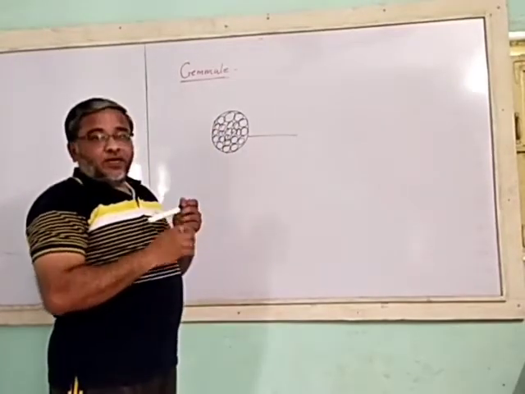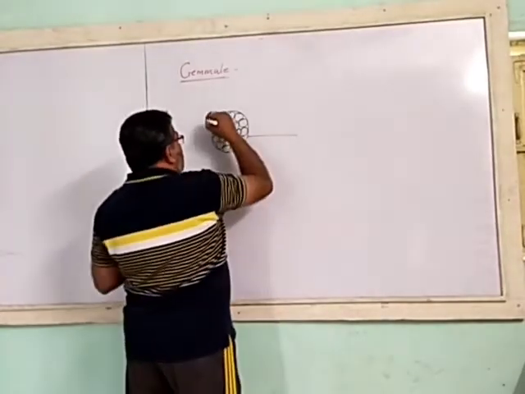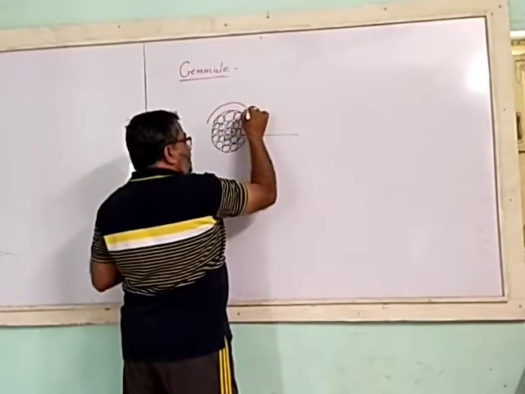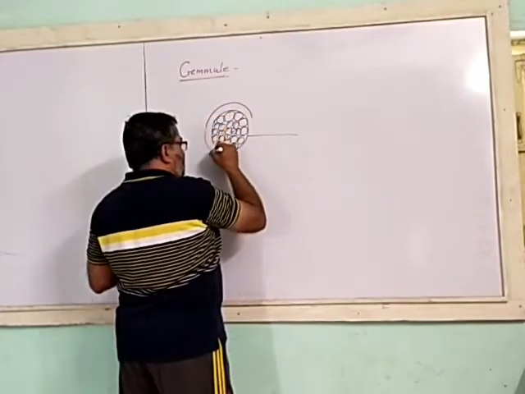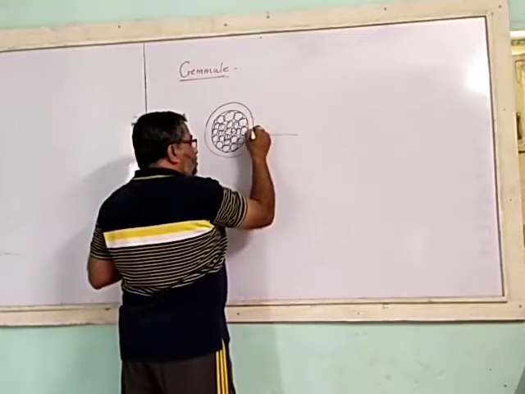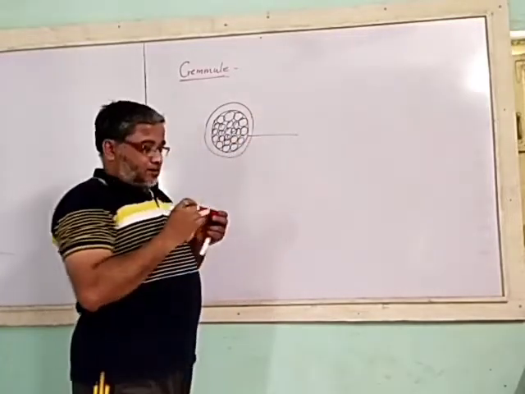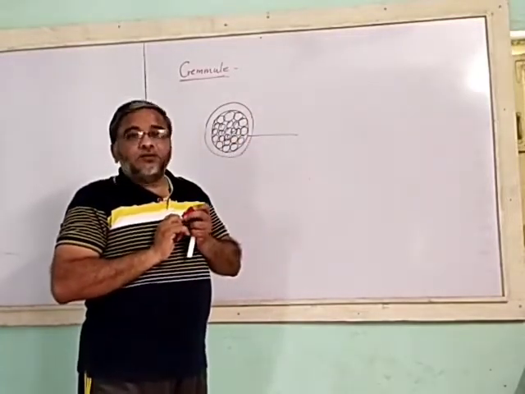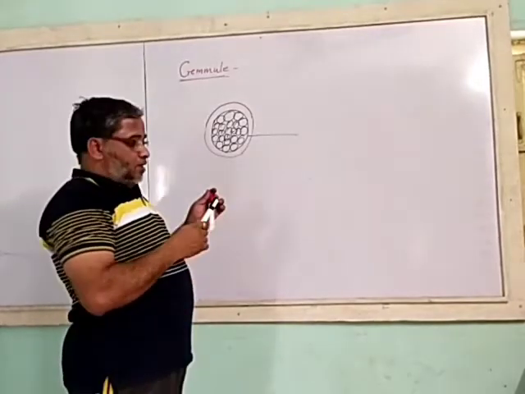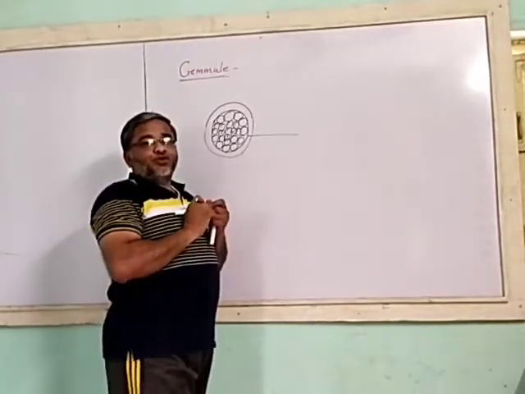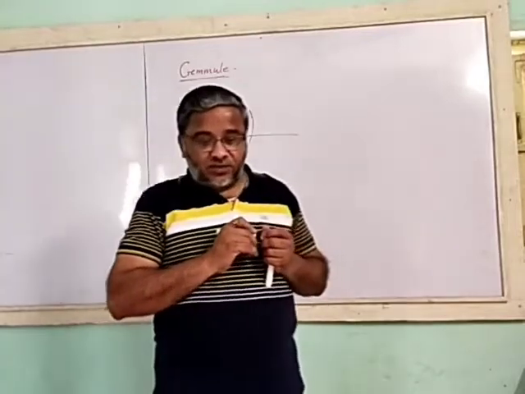This inner membrane is again coated by the outer membrane, and this outer membrane is a thick, protective, hard structure produced by amoebocytes.